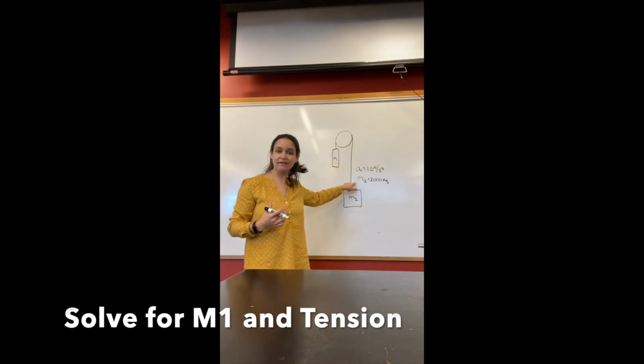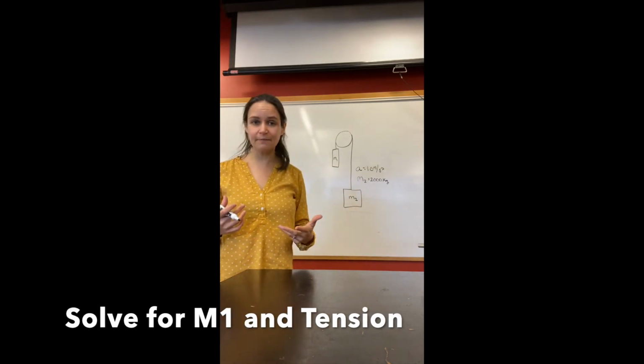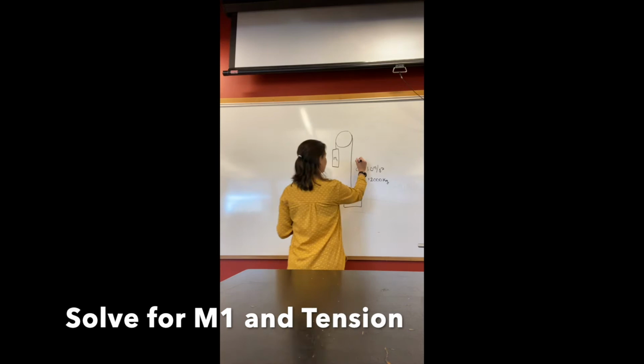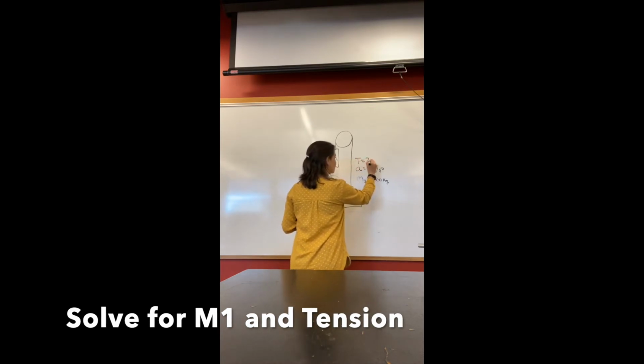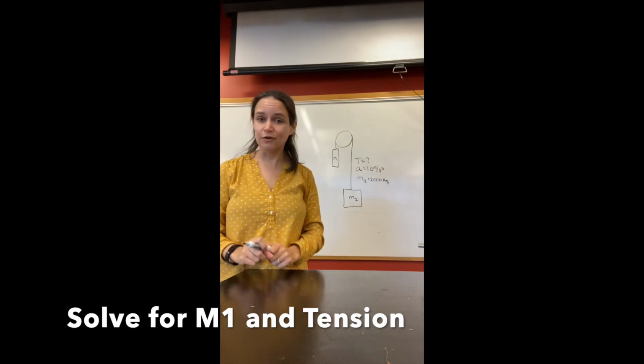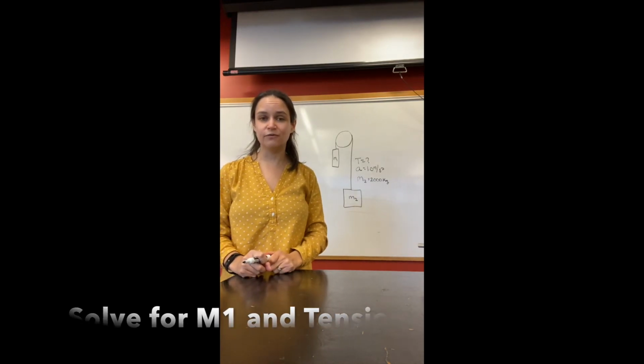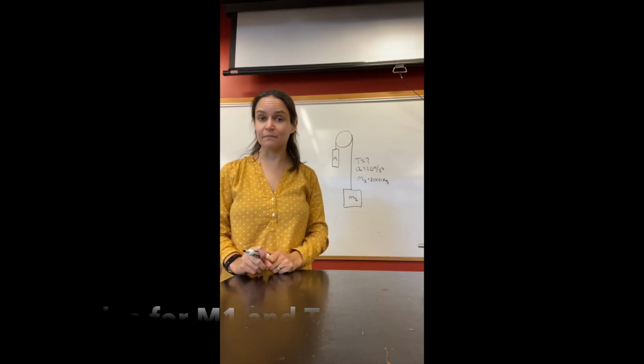We'd like the mass of the elevator, M2, to be about 2,000 kilograms. And I'd also like you to find the tension in these cables, because if you're going to design an elevator, you're going to have to be really careful to make sure that your cables are strong enough to handle these masses.